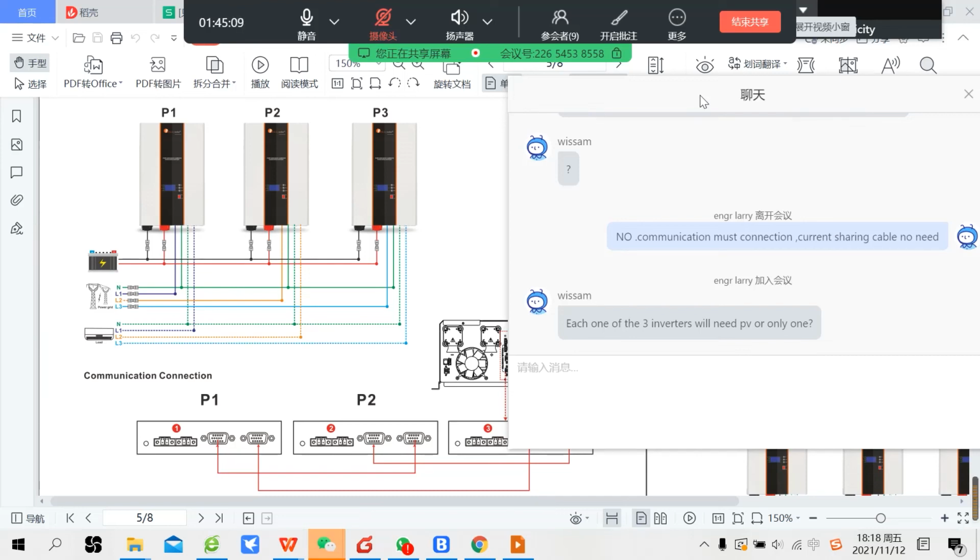No matter whether it's three phase or single phase, you have different inverters, so the different inverters' PV inputs must be independent. You cannot combine all the PV strings and then separate them with different cables to connect to the inverters. It's not allowed. PV input must be independent, whether it's single phase parallel or three phase parallel.